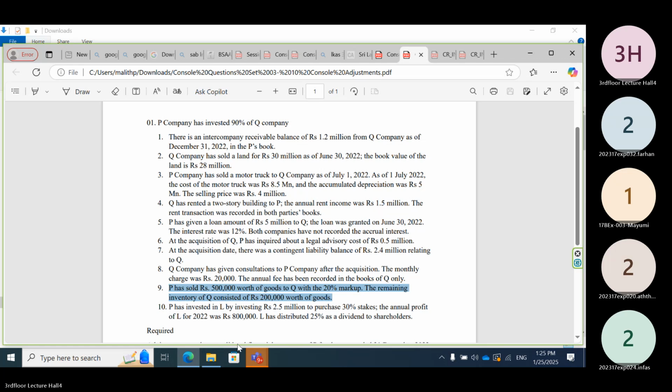Markup 1.5, should be 1.6, 16.66. Profitability. Unrealized gain.